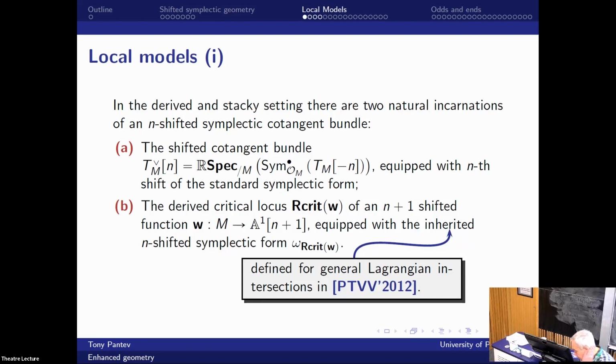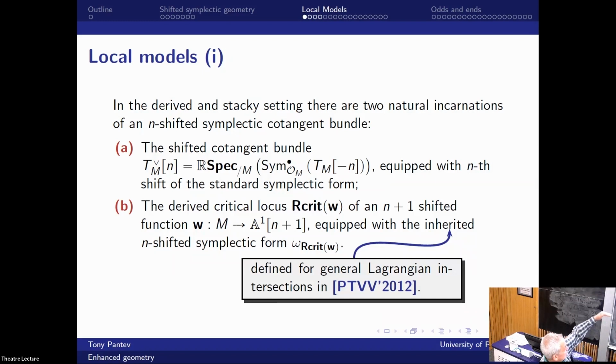So if you have a function to the line where the line is put in homological degree n+1, then the critical locus by this Lagrangian intersection picture will be equipped with n-shifted symplectic form. And this also behaves infinitesimally like a cotangent bundle.